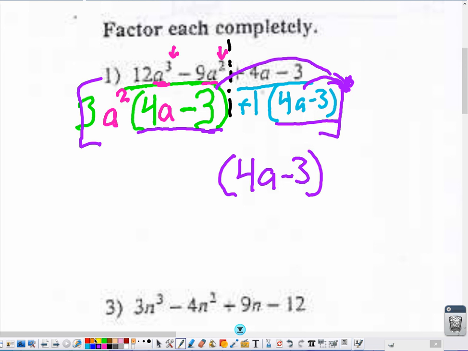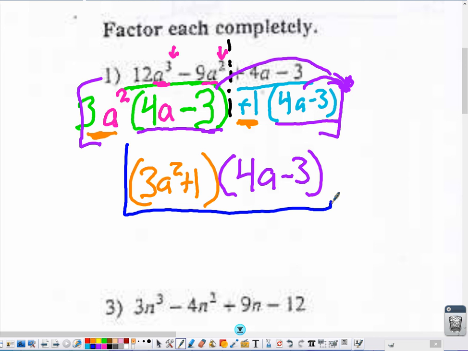Well, what happens to the leftovers? Now I take the 3a squared and the 1 that are left over, and they get their own set of parentheses. And I get 3a squared plus 1 times 4a minus 3. And that is my final answer.